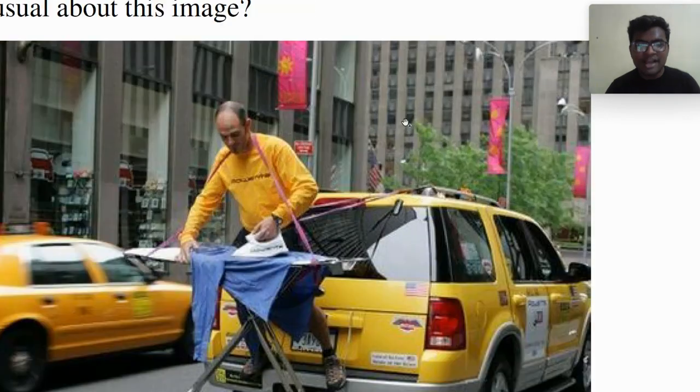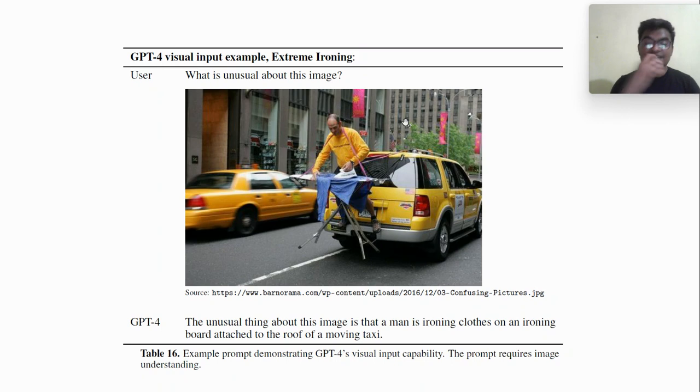Why has the particular rope been attached to the roof of the taxi? I was amazed how far GPT-4 can understand what kind of image is being given to it. The question was what is unusual about this image, and GPT-4 responded, starting its response with the unusual thing.